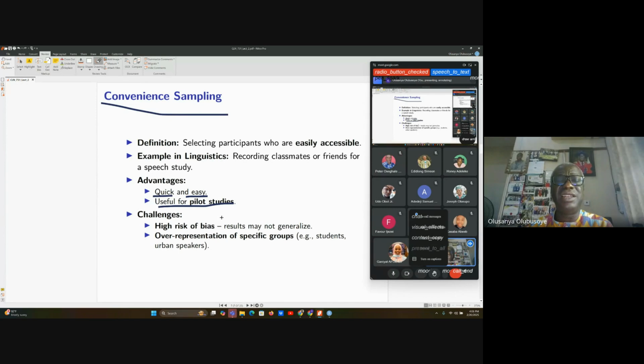So there are challenges. One is that the risk of bias is higher in convenience sampling than in any other sampling method. And the results certainly may not be generalizable. You may also discover situations where some groups are overrepresented.